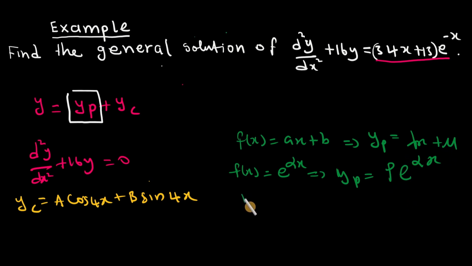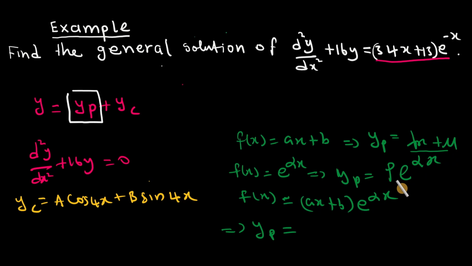You also know that if f of x is equal to a product of these forms, that is ax plus b times e to the alpha x, then yp will be the product of these two forms, that is lambda x plus mu times p e to the alpha x. You see, from the equation, f of x is a product of these two forms.